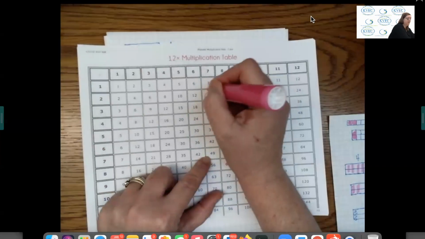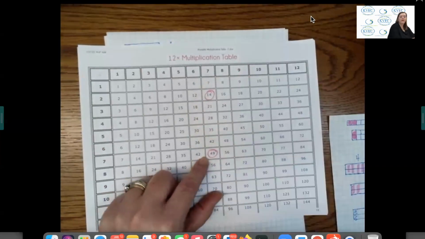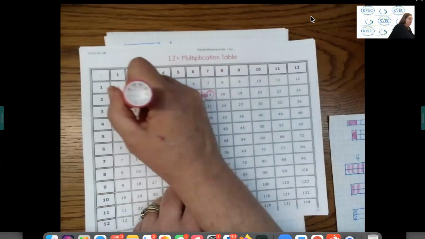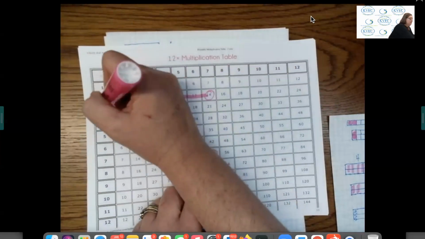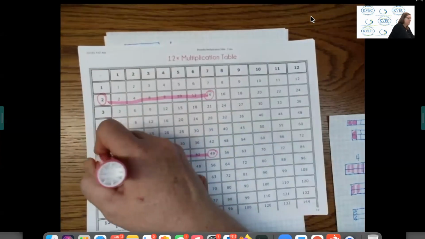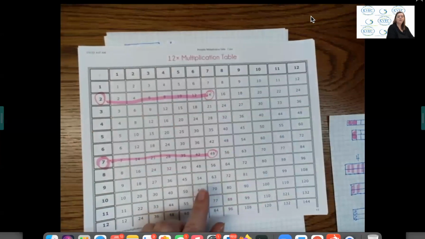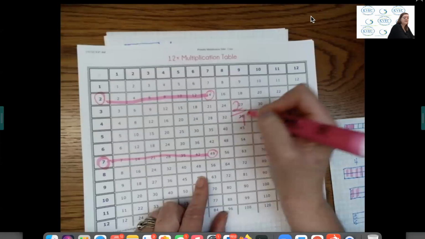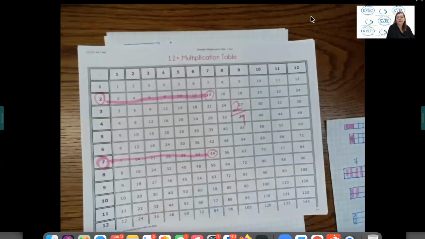I'm going to circle my 14. I'm going to circle my 49. I'm going to take this all the way back to the beginning, which is 2. I'm going to take this one all the way back to the beginning of my multiplication chart, which is 7. So 14/49 is actually 2 7s. So they can see how they can simplify a fraction using the multiplication.